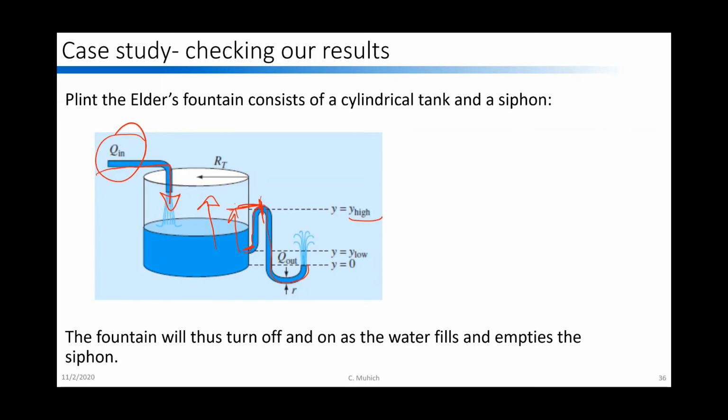Because of the siphon action, the water would continue to flow out through that siphon as the water dropped, as long as the water stays above this Y low height, which is Y above that bottom of the tank. Once it goes below that level, the siphon empties out and is broken. It then requires time to refill the tank before the siphon can start again. In essence, the water turns off and on as a function of this tank.